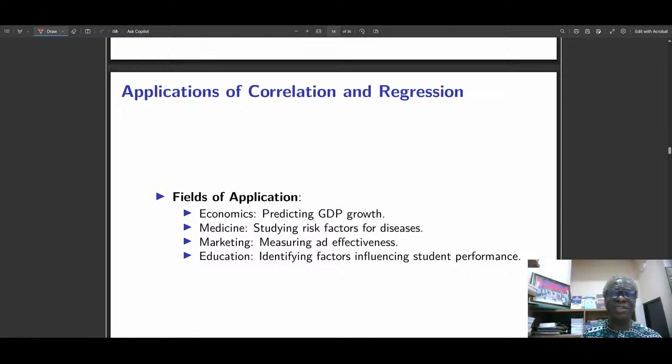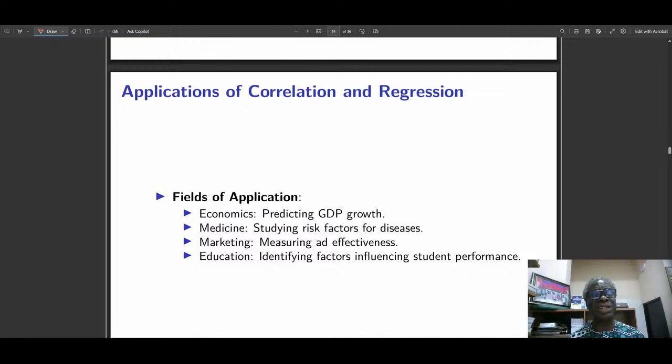In medicine, you also study risk factors for disease and relationships. You will see whether smoking is related with age, or whether smoking is related with gender.